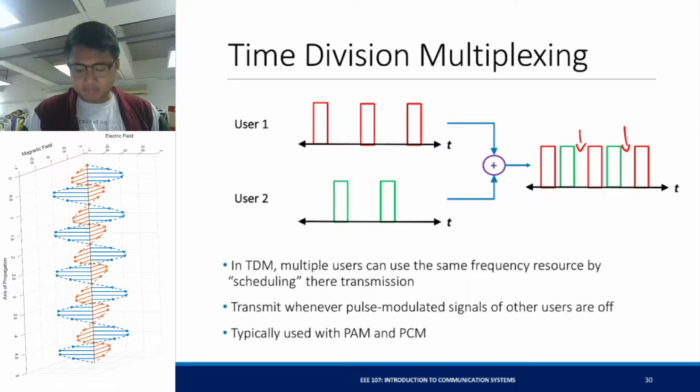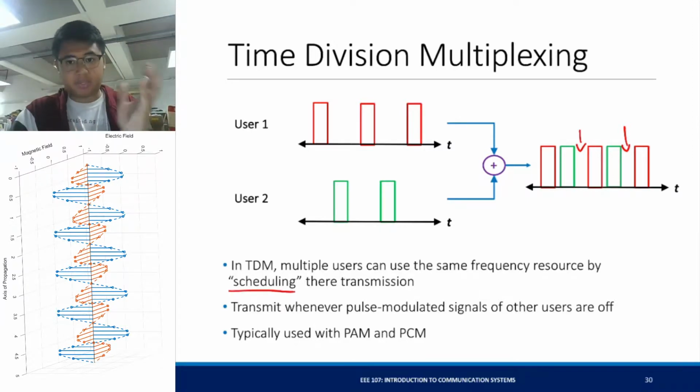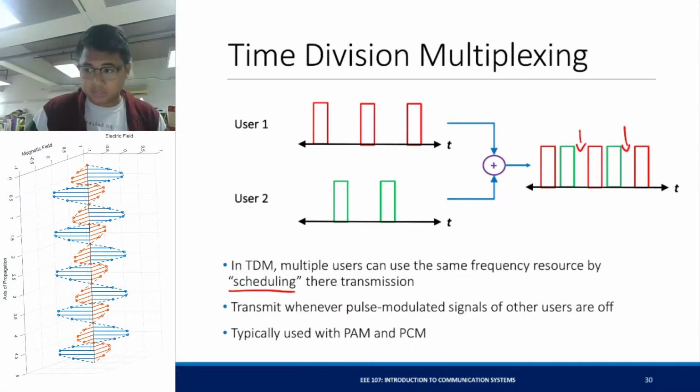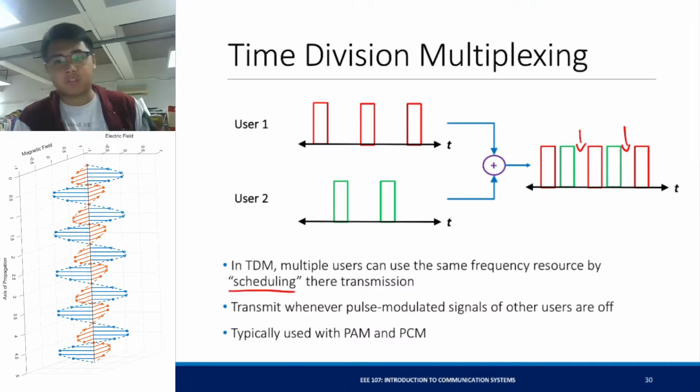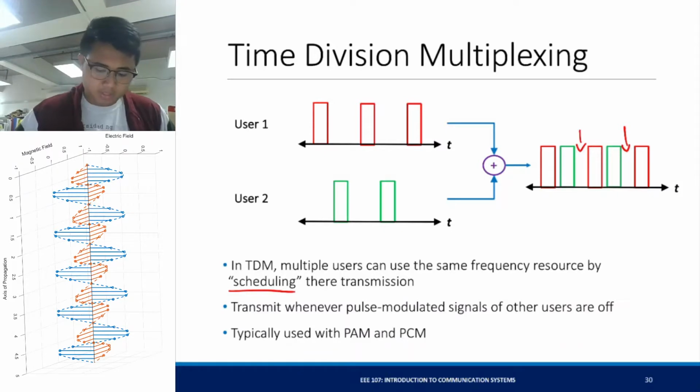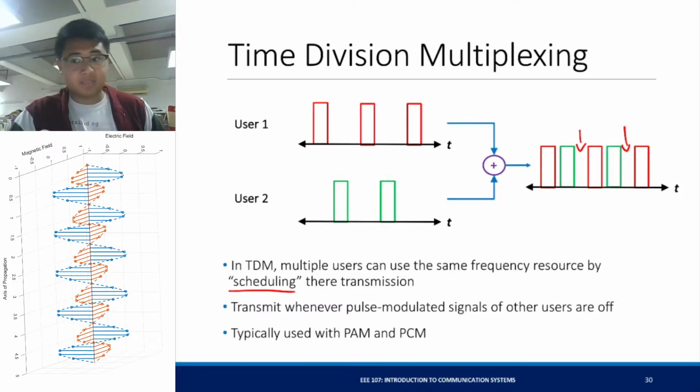So it involves scheduling your transmission and synchronizing between other users. So you transmit while the pulse modulated signals of the other users are turned off. And this is typically used with PAM and PCM. Right. A demonstration will be provided when we meet again in the lecture.